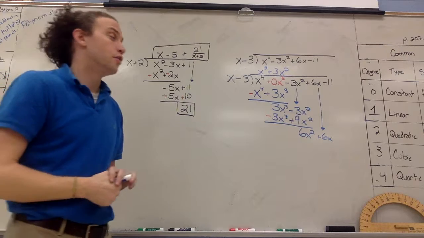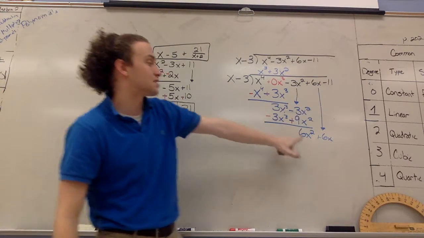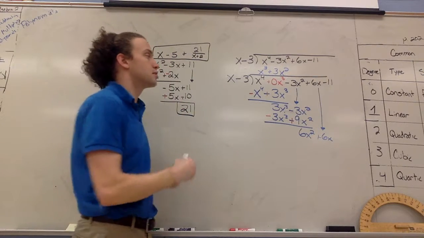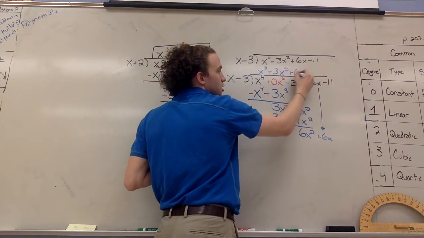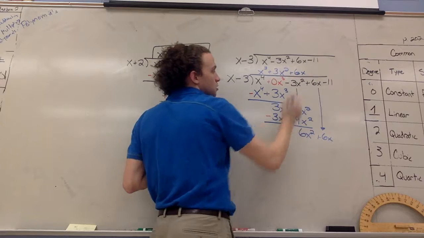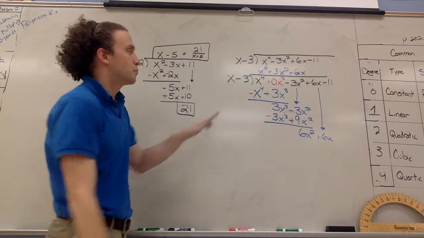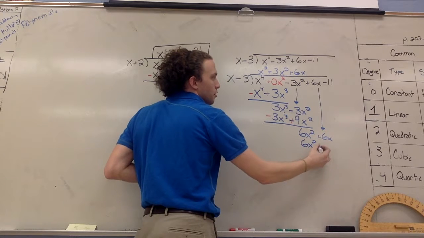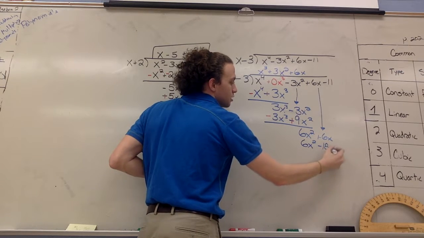Same thing all over again. What do you multiply x by to get to 6x squared? Or if I divide 6x squared by x, I get just a 6x. Distribute here. This is 6x squared minus 18x.